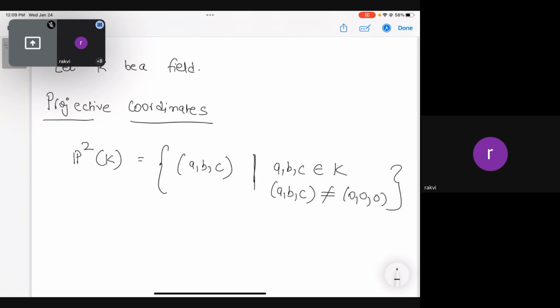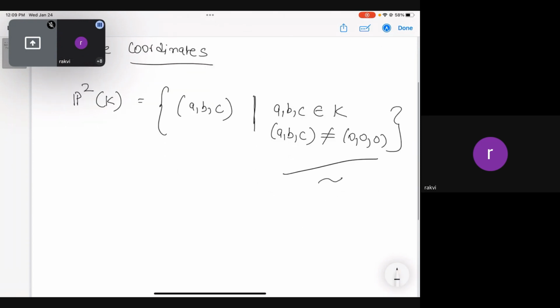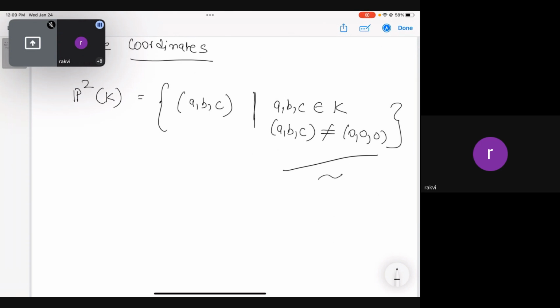So I want at least one coordinate to be non-zero, and then I make an identification. And what is this identification? Two of these things are equal for me if and only if they differ by a scalar.